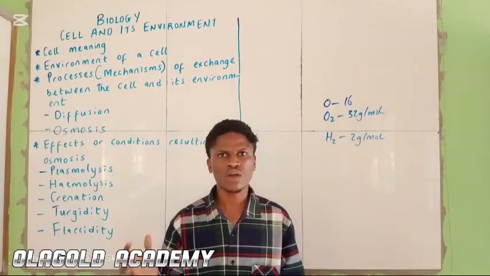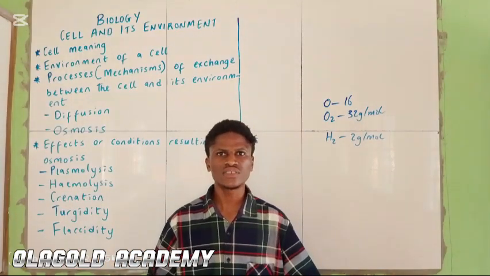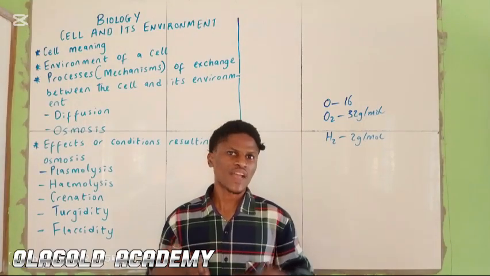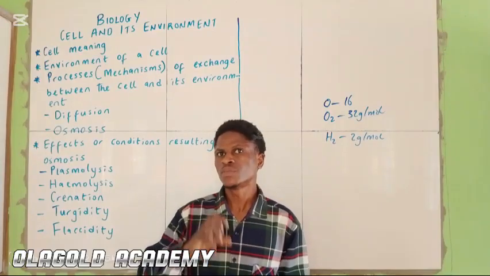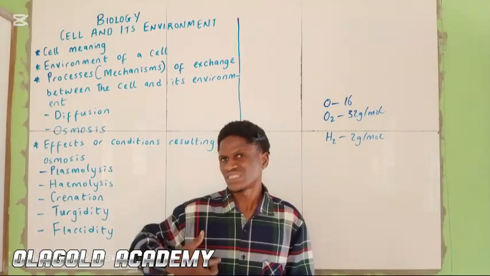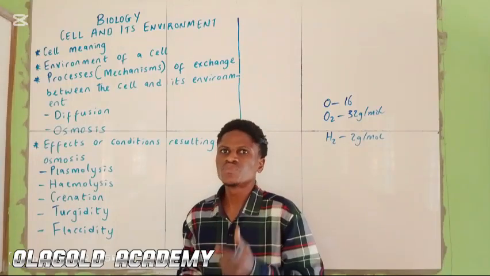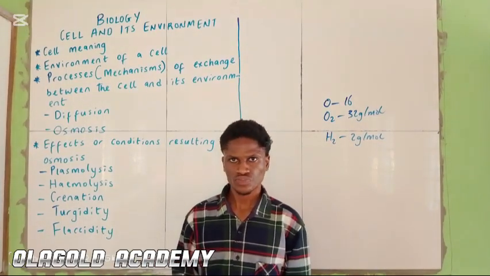It only allows oxygen. It allows carbon dioxide. It allows urea. It allows potassium ion. Potassium ion is the main intracellular ion inside the cell. Sodium ion is the main extracellular ion outside the cell.